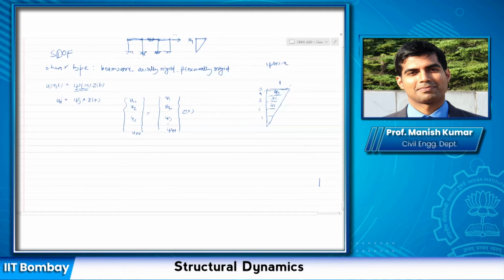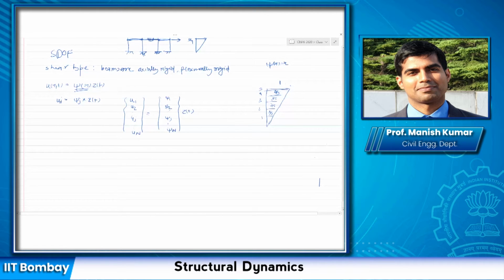So instead of writing a continuous function where phi x is written as x, for a discrete system I am going to write my vector phi as 1, 4 by 5, 3 by 5.